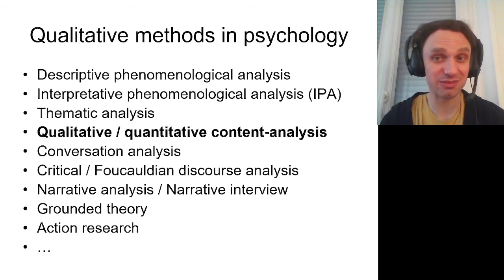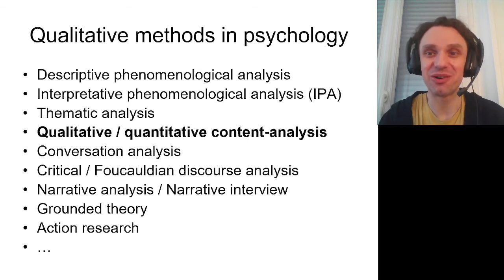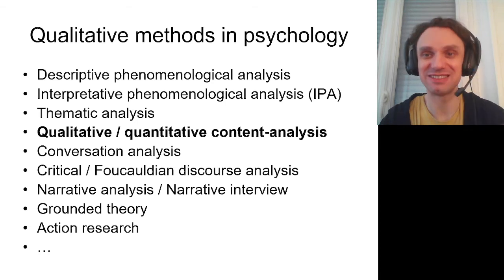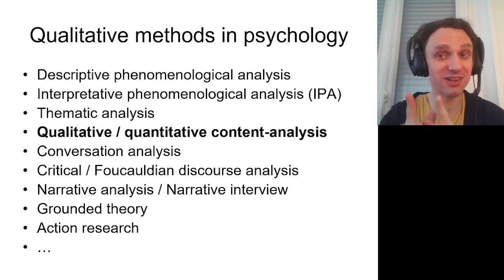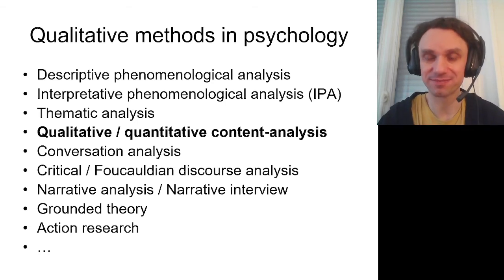And then it's absolutely not possible to go in depth. It's not possible to use any kind of descriptive or interpretive phenomenological analysis. The best you can do is just to try and count the number of occurrences of different words or different themes. And essentially, this is what is called jointly content analysis.